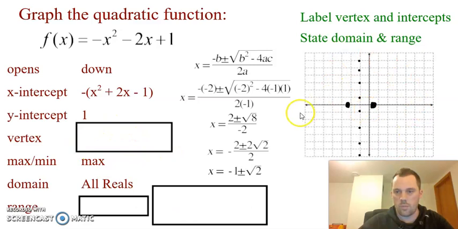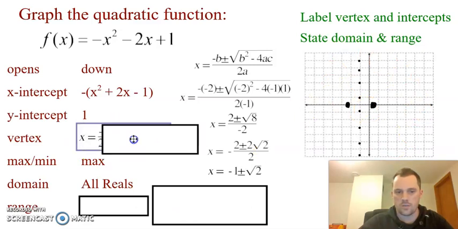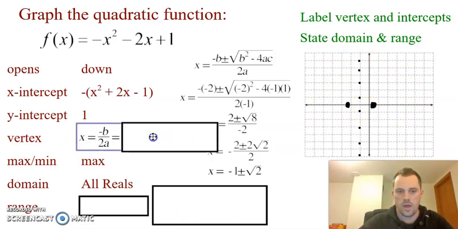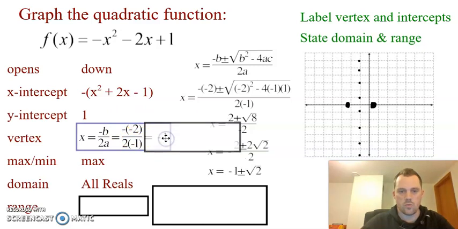But if we don't remember that, we can just do x equals -b over 2a. Remember, that's part of our quadratic formula here. So we plug in those a and b values and evaluate. We get a positive 2 divided by negative 2, which is negative 1. And that matches with what we found here.